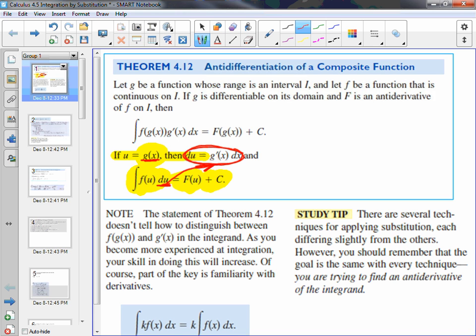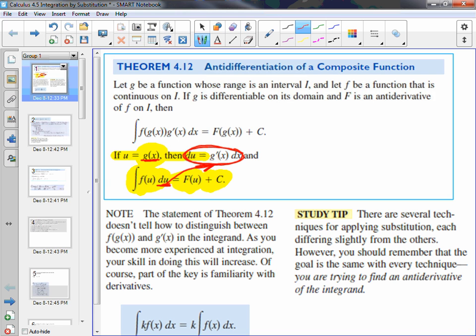G is a function whose range is in an interval, and f is a function that's continuous on that same interval. G is differentiable throughout that interval, and capital F is an antiderivative of little f throughout that interval. What?